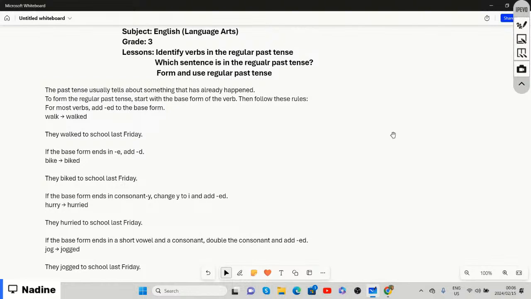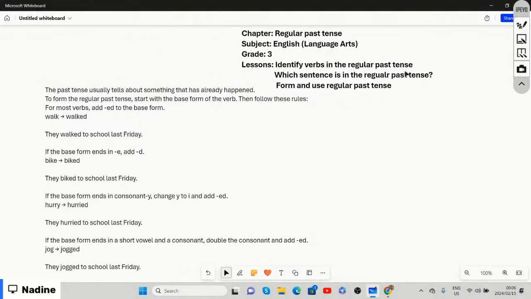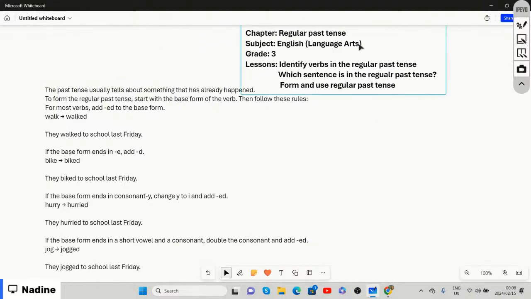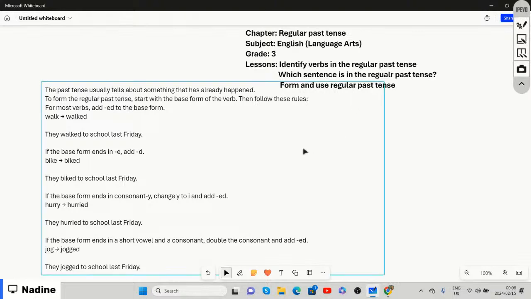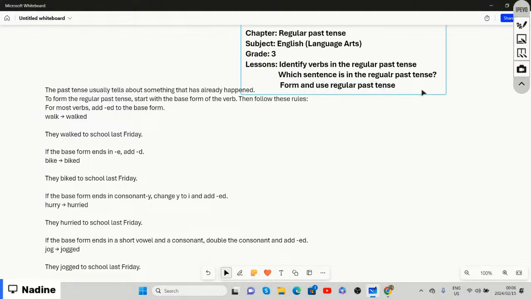All right. So we are doing the chapter of regular past tense. Our subject is English language arts, grade 3.